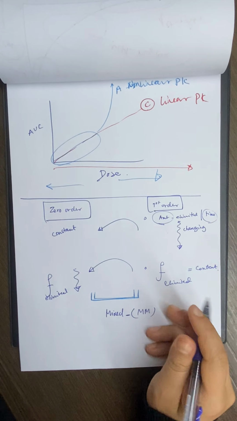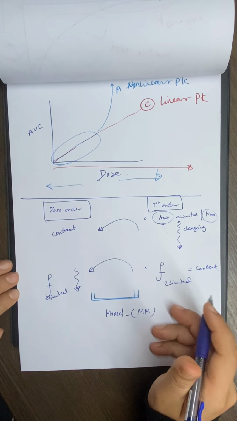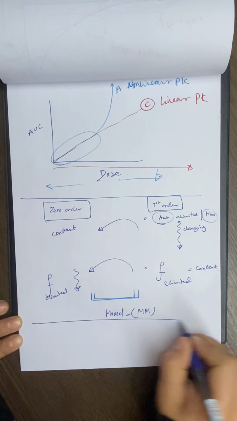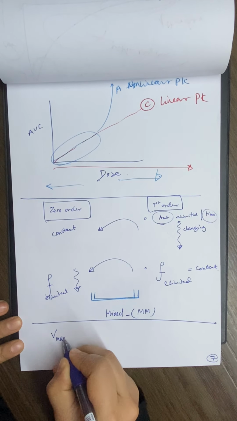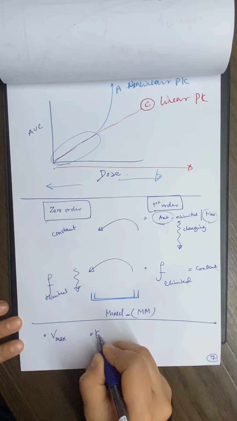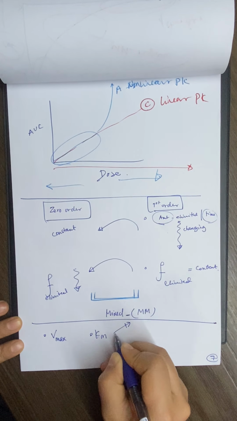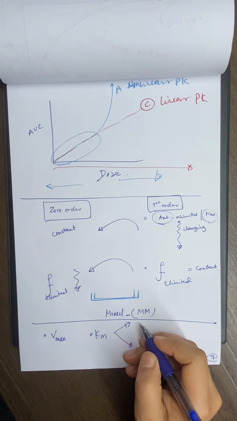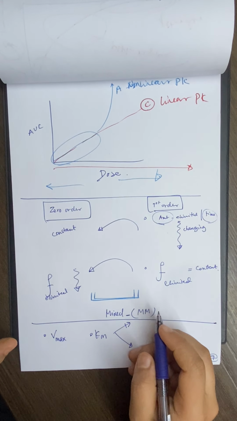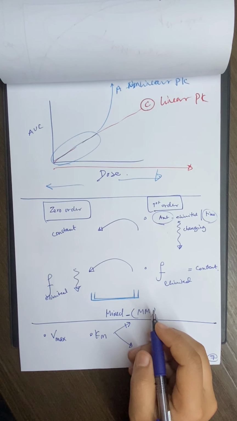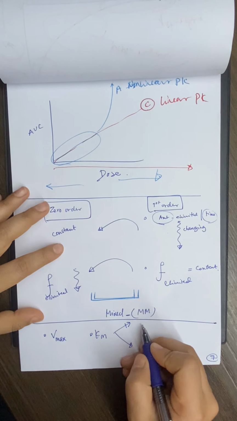To estimate the Michaelis-Menten parameters, we need to determine Vmax and Km. To determine them, we have many models for the Michaelis-Menten equation and its determination, depending on the scientist or the reference that you are using.